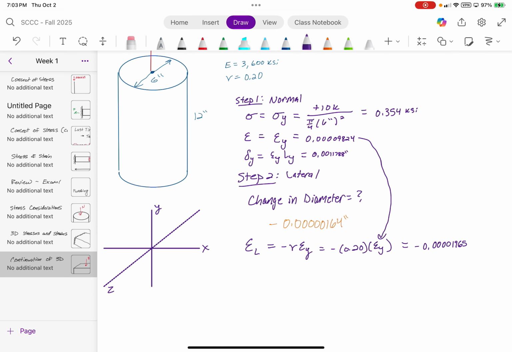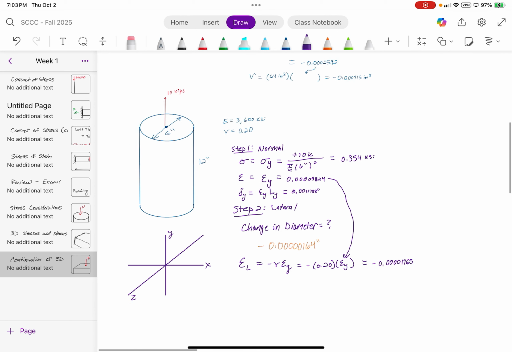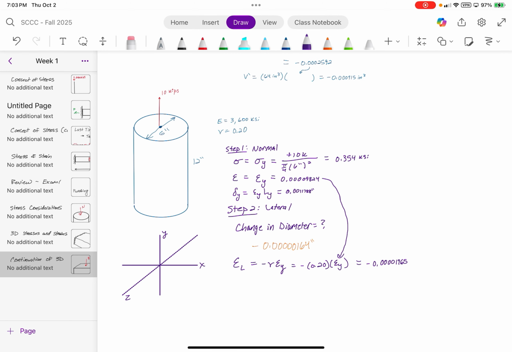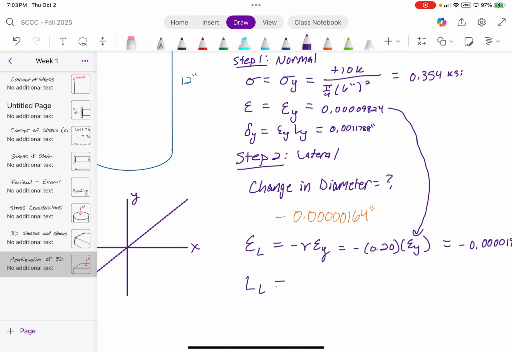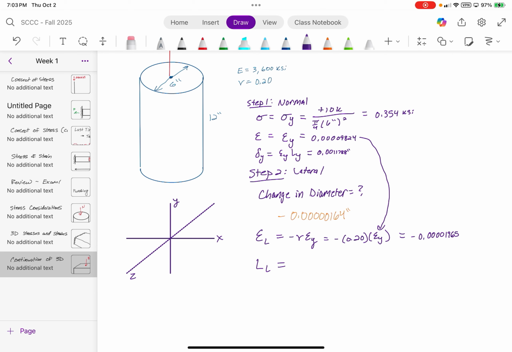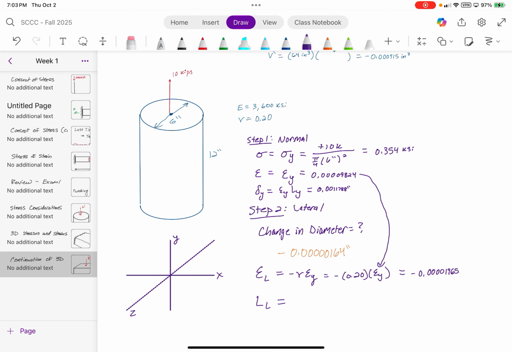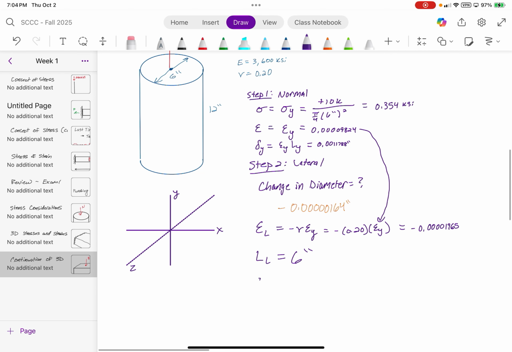All right. Now, what was the change in diameter equal to? This was the trick question. Which dimension are you using for L? What is the lateral change in diameter? What is the lateral length? 6 inches. So if you wanted to find the change in diameter, it's going to be the change in the lateral dimension.